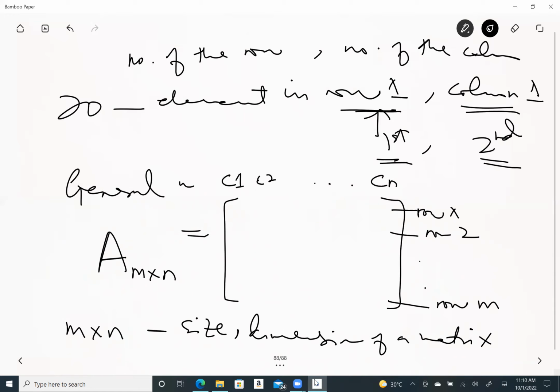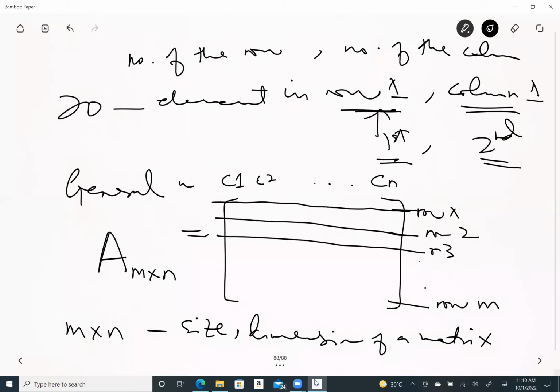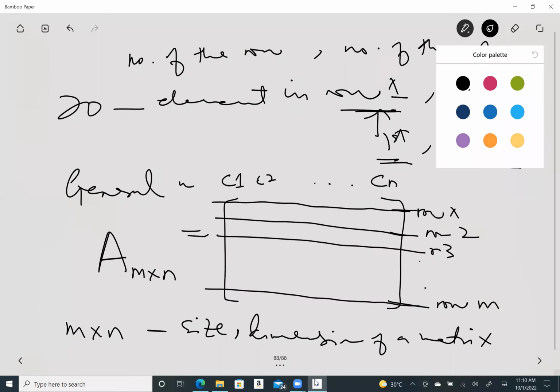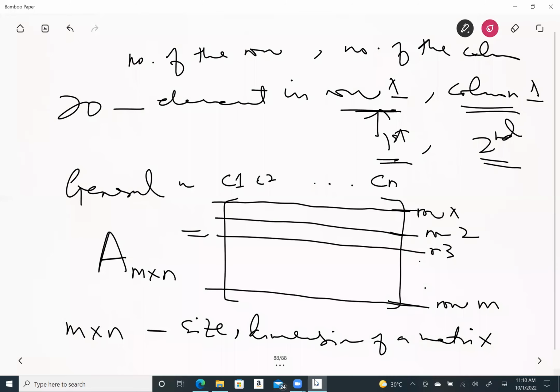If I draw the line, that's row number 1, row 2, row 3, and then here I have row M. Now the column is the one that goes top to bottom.